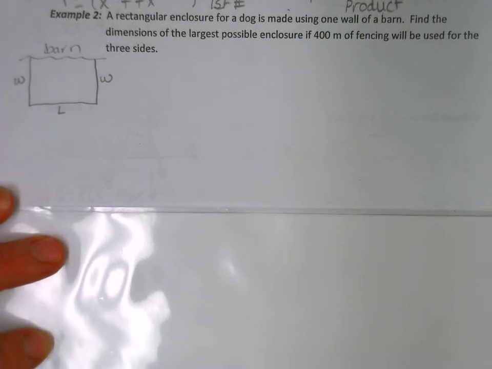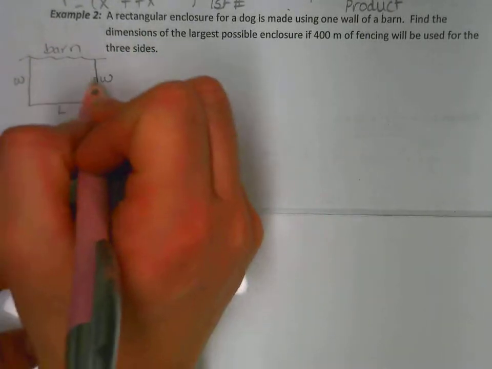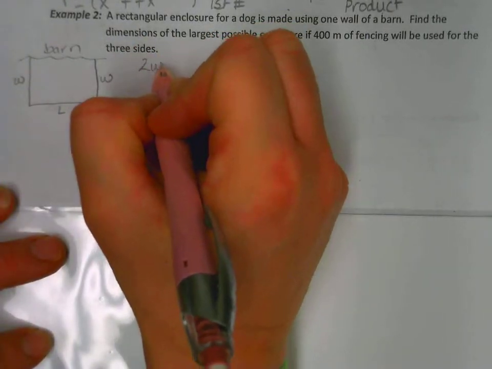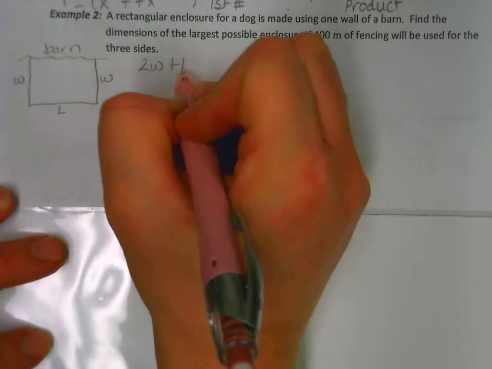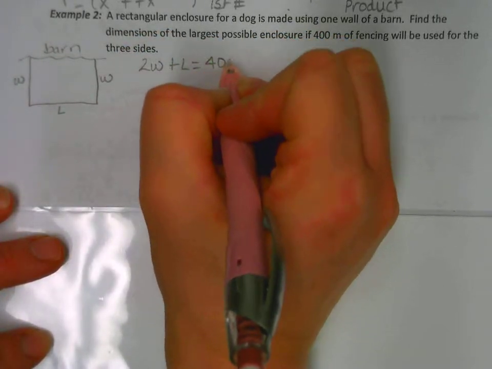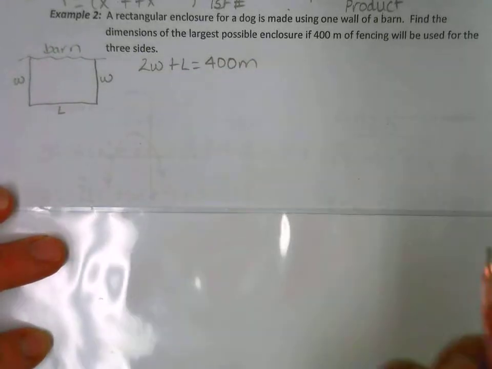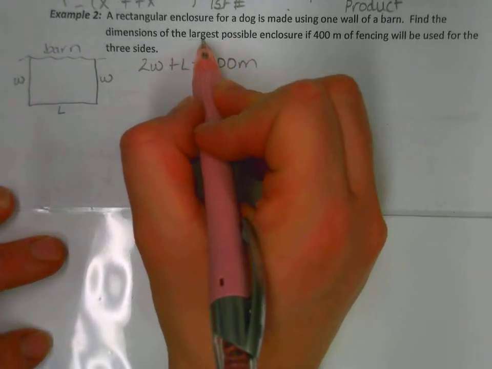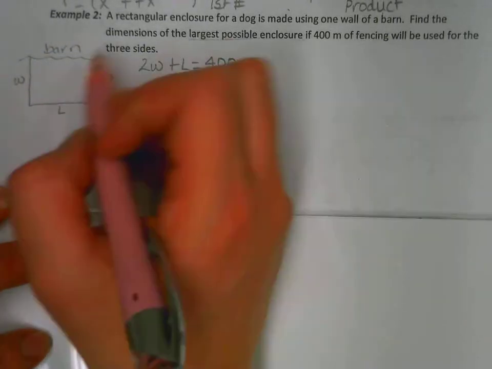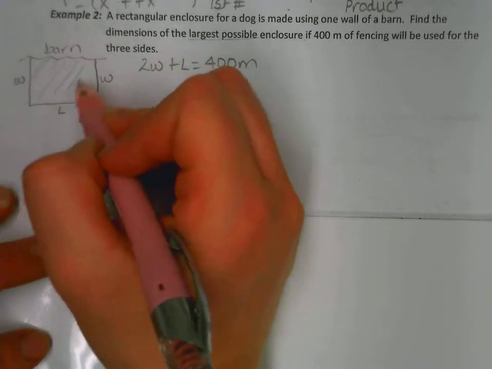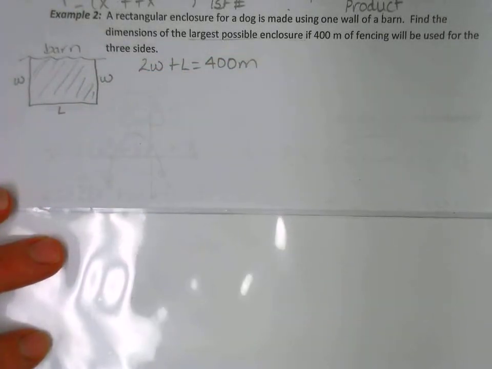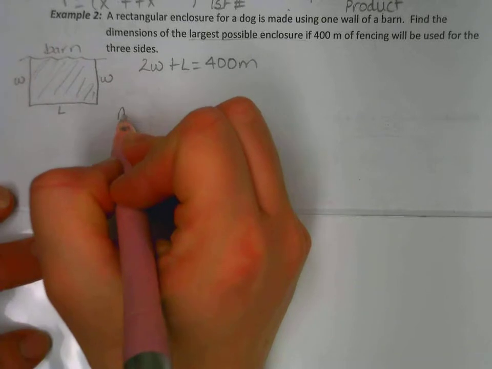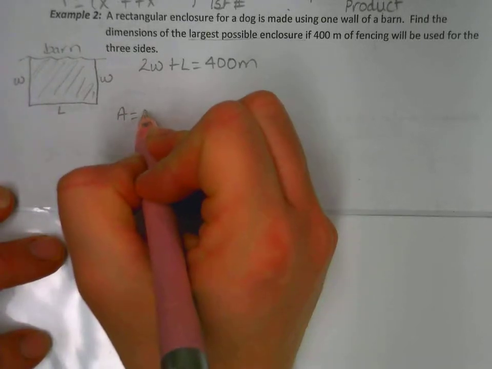We're going to need two widths to create our fencing and one length, and that's going to equal 400 meters of fencing. We're also trying to maximize, or find the largest possible enclosure, so that relates to the area. The area of this pen would be length times width.